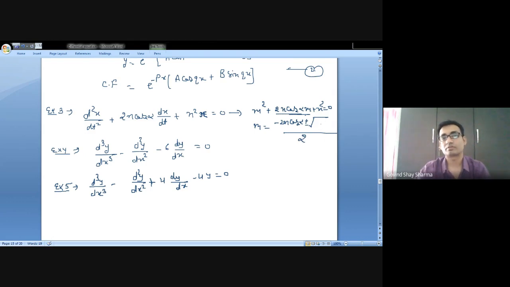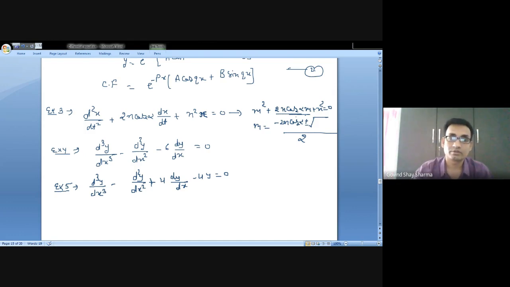I think we get complex roots, imaginary roots. So we apply the complex root e to power alpha x, a cos beta x plus b sin beta x. This is the CF.